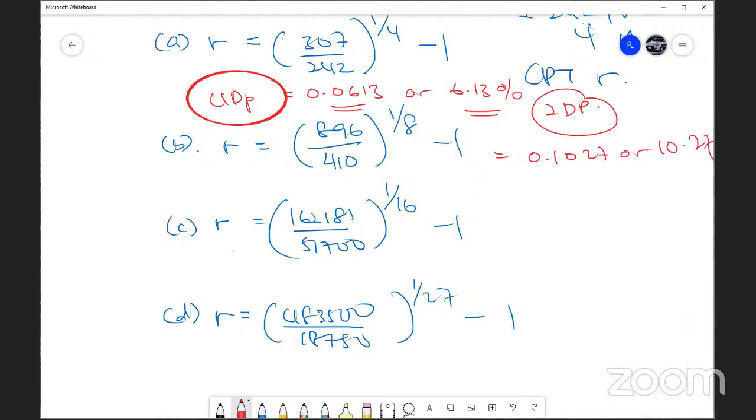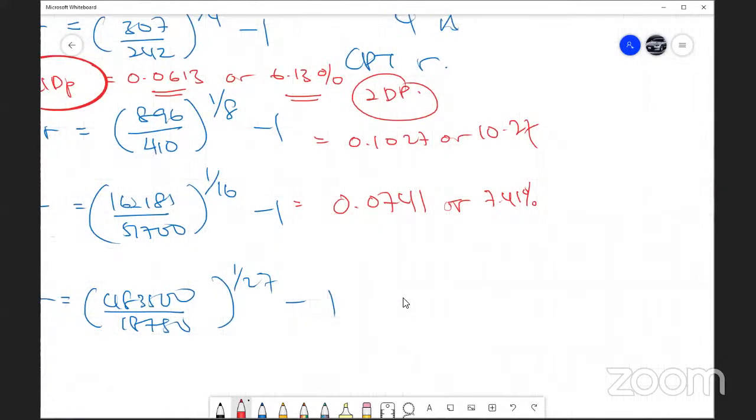C, 0.0741 or 7.41%. And lastly, 0.1279 or 12.79%.